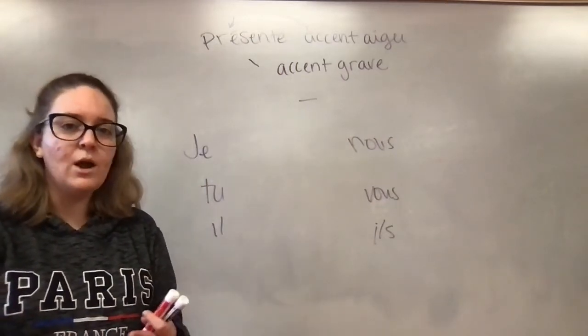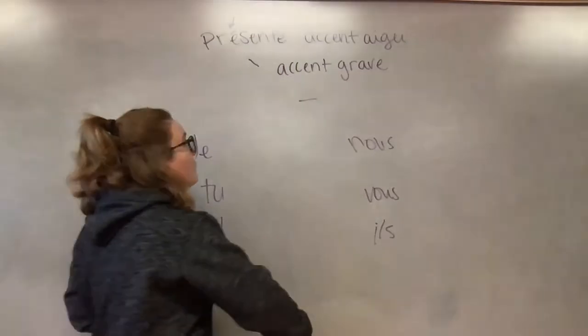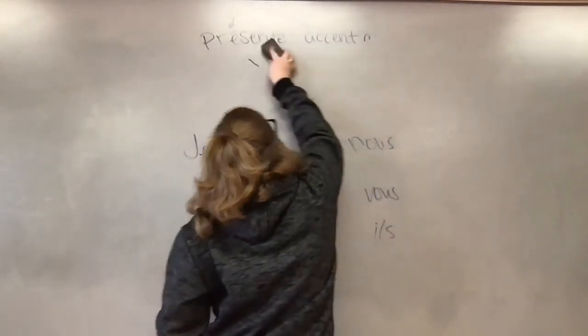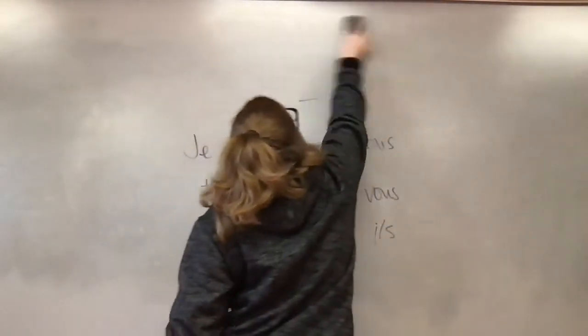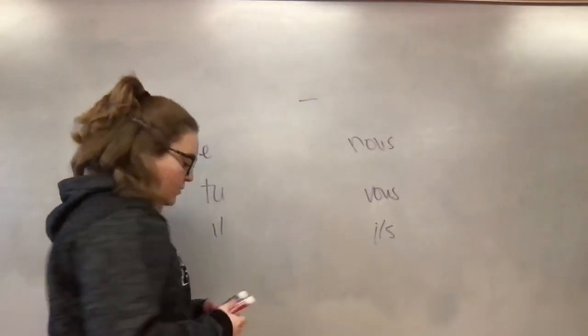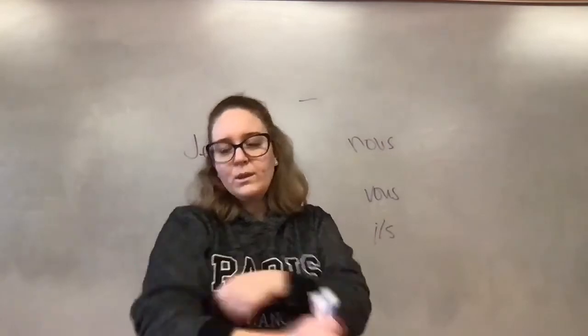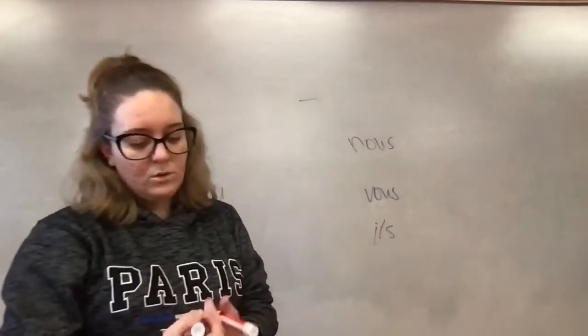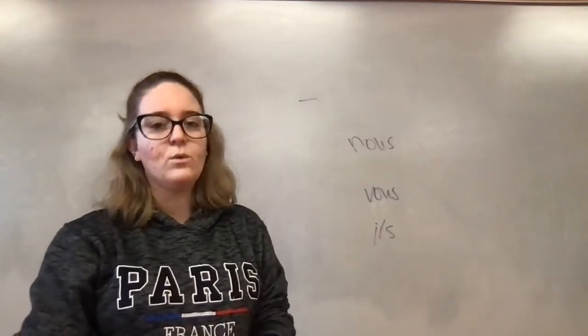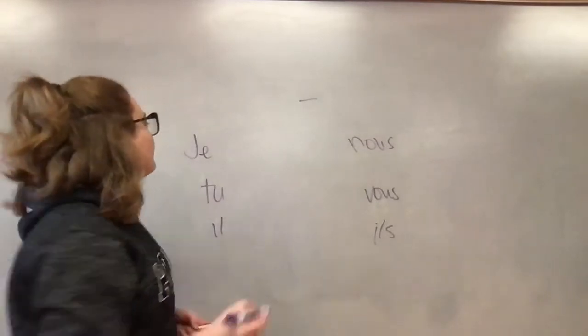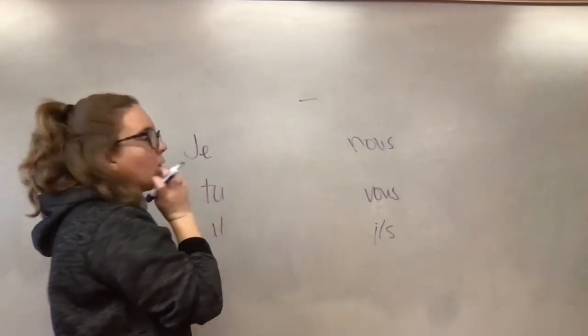So unfortunately, we cannot do what we did before, where we have the verb conjugated out properly and then just add our accent mark. So this one is probably the most complicated to remember how to conjugate.